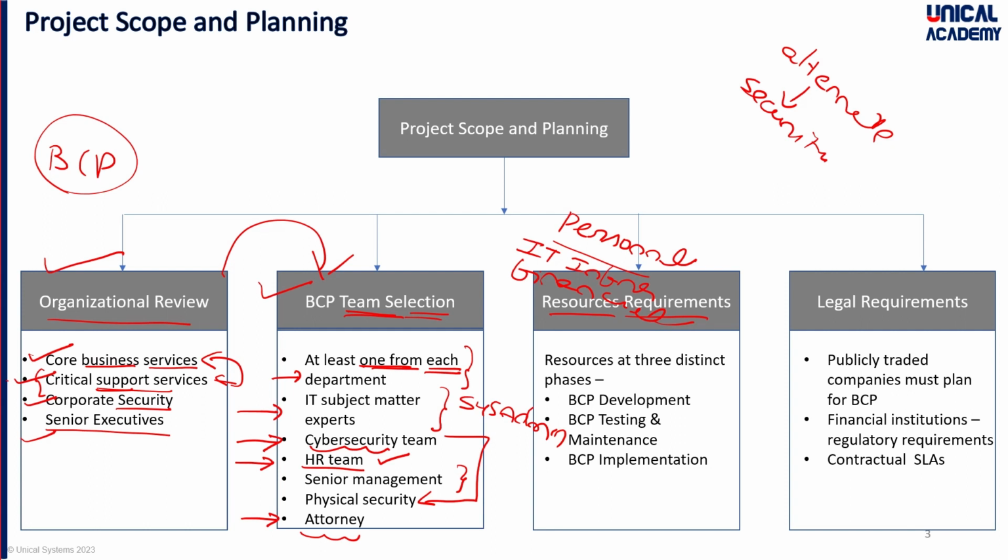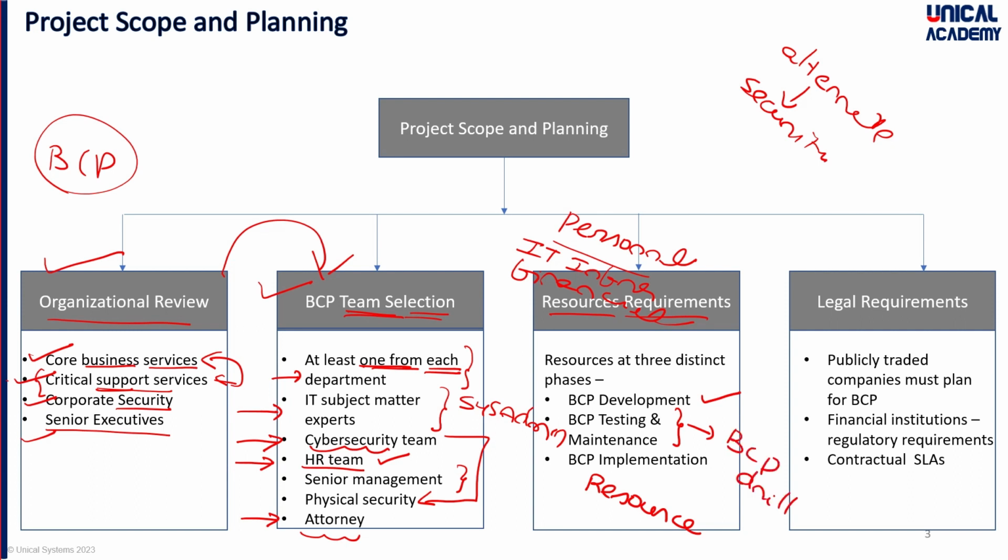When we are talking about resource planning, basically what are all the required resources? Personnel, IT, as well as infra during the development, during testing and maintenance, including BCP drills.